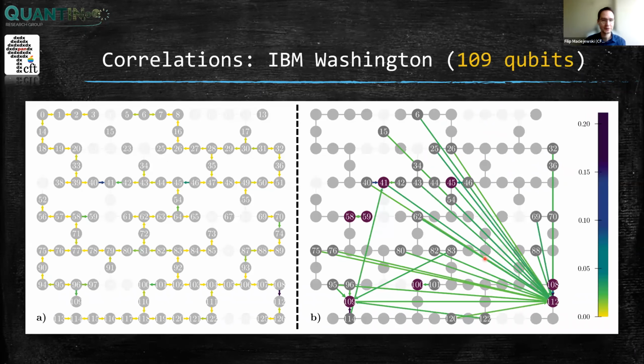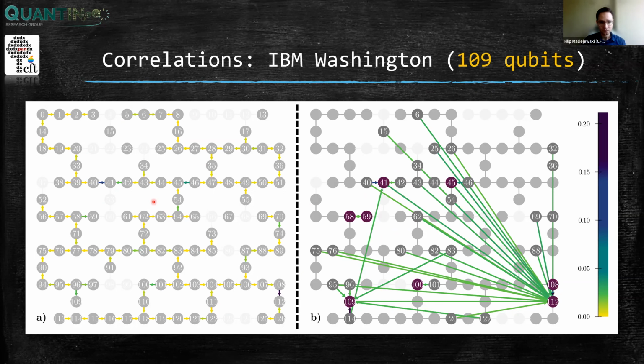Just to convince you that it is doable, here are some experimental results for correlations characterization of 109 qubits of an IBM system. The graph shows the topology of the chip, where all of the nearest neighbors can be entangled directly with each other.